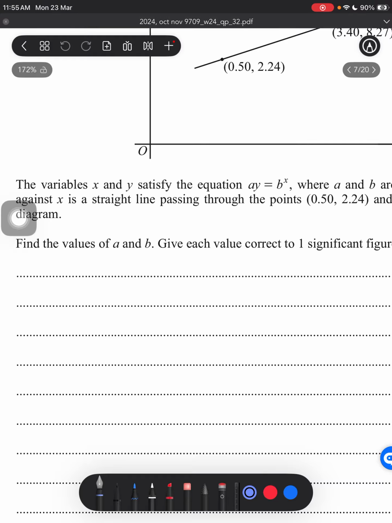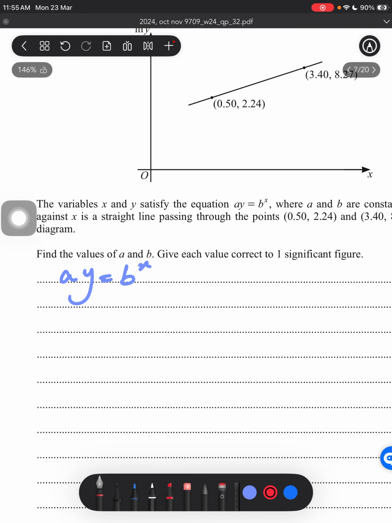The equation is a y equals b raised to power x, and taking ln on both sides would give us ln of ay equals ln of b raised to power x.